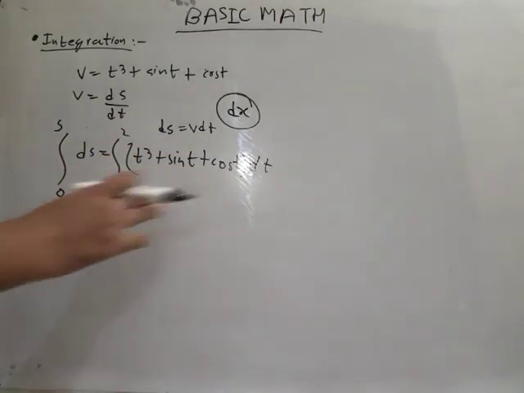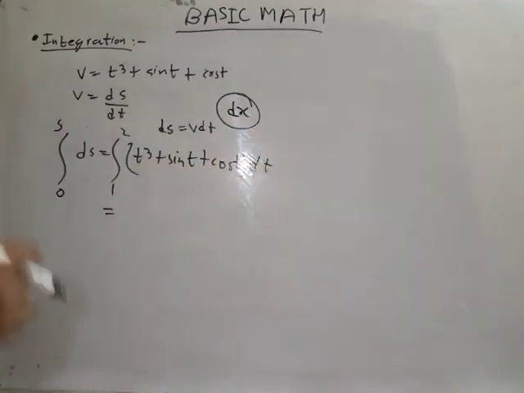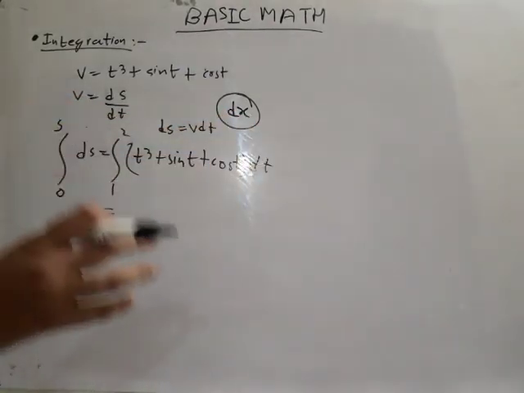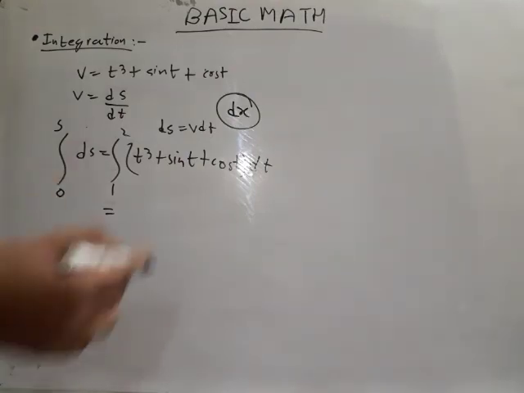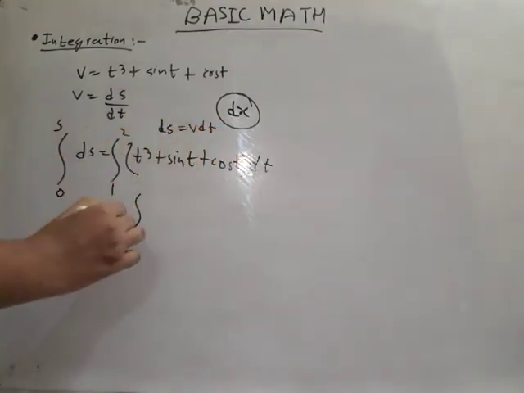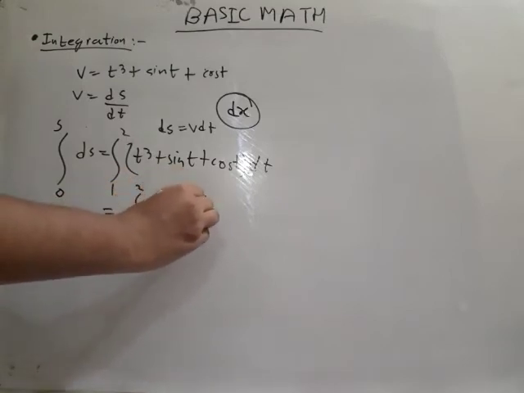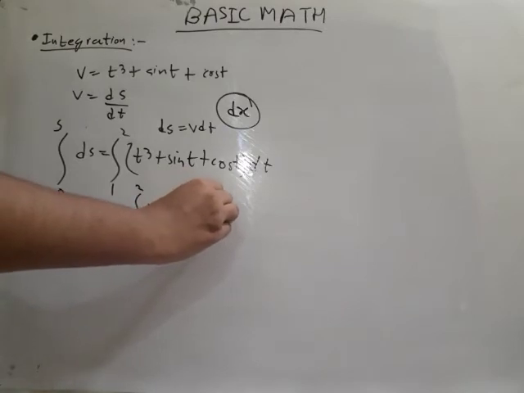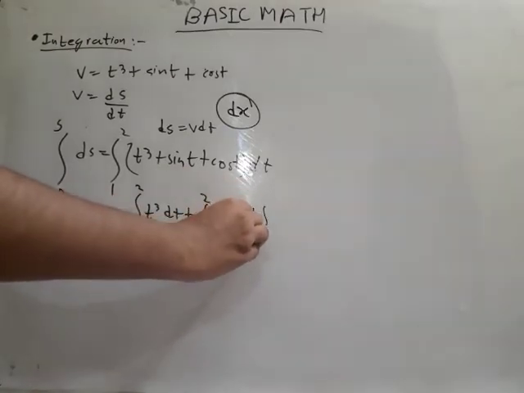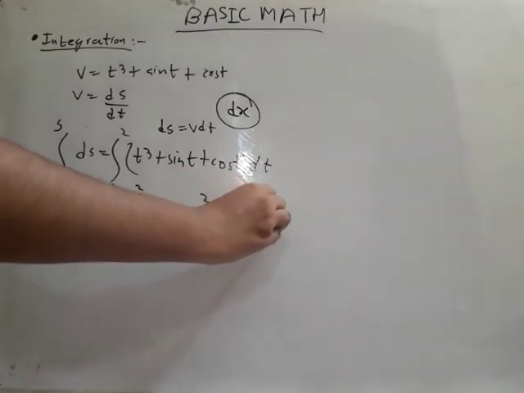Distributive means dt multiplies it, because we are taking dt as a common term. It is a term, so it can be multiplied with all of this. So we take integral 1 to 2 t cube dt plus integral 1 to 2 sin t dt plus integral 1 to 2 cos t dt.